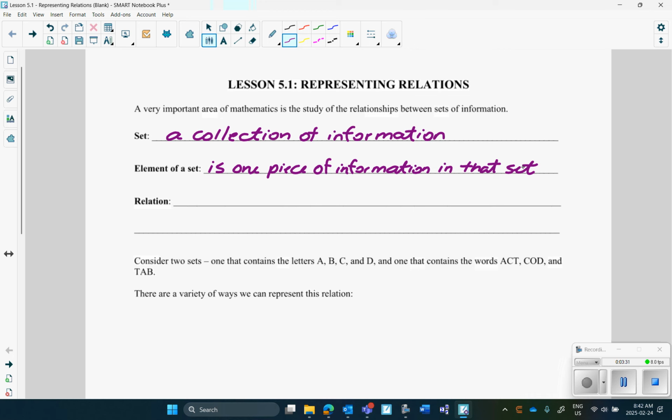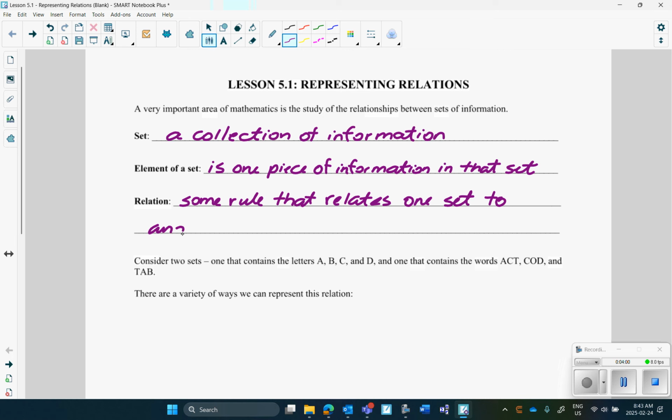And a relation is some rule that relates one set to another.